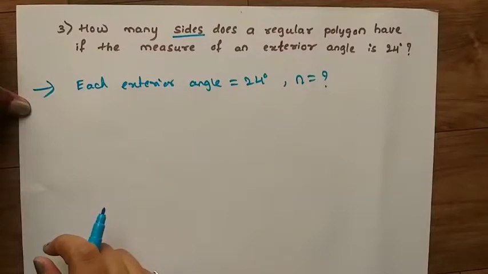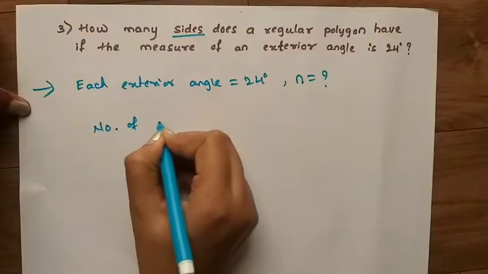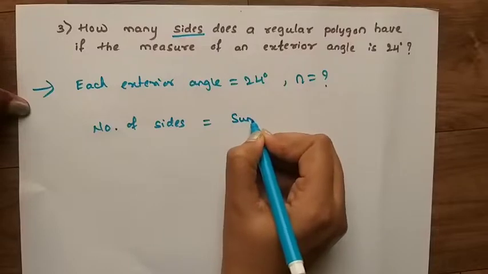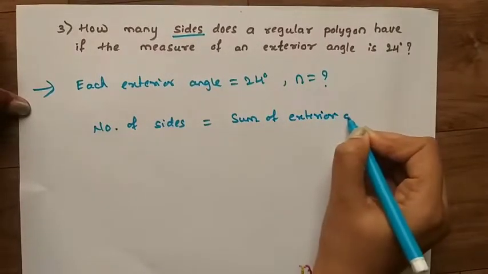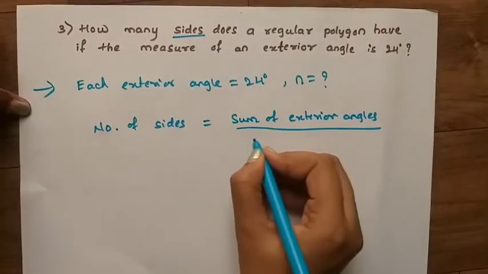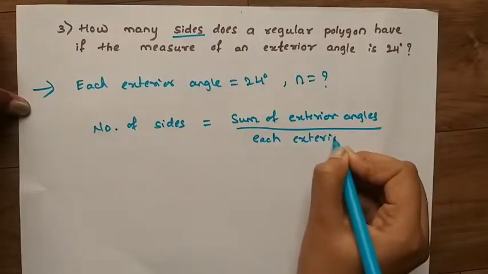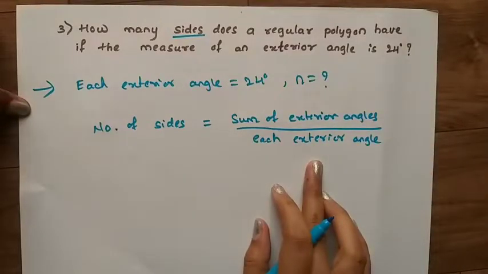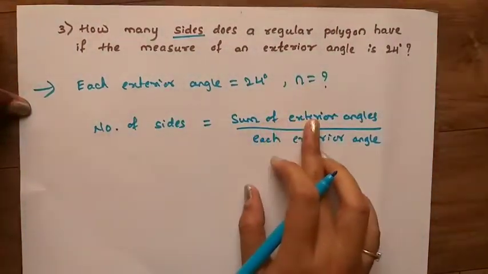And we know the formula: the number of sides is equal to sum of all exterior angles divided by each exterior angle.